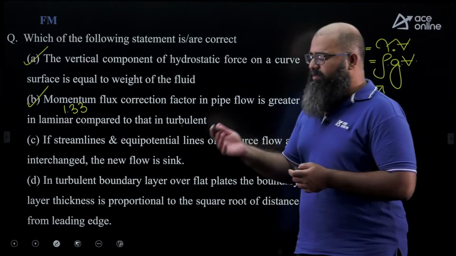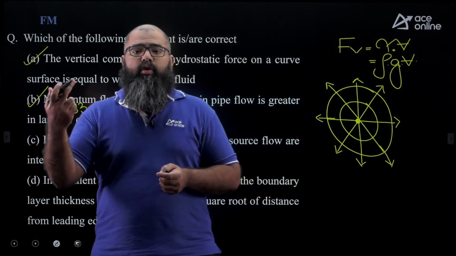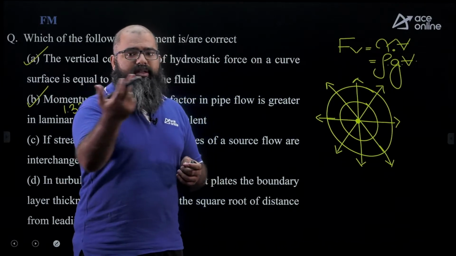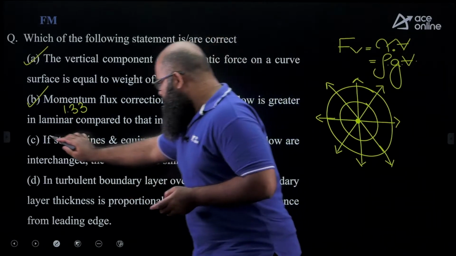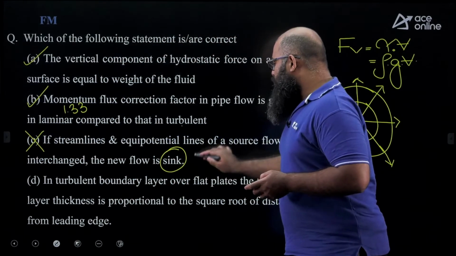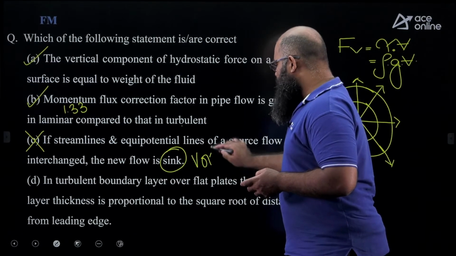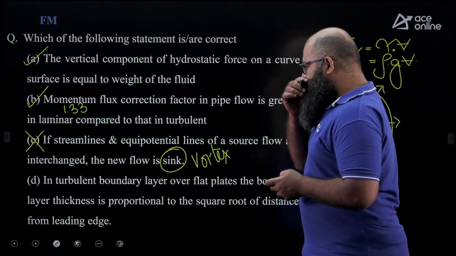If you remember from the concept of vortex motion, the streamlines in the case of plane vortex flow are supposed to be circular in nature. So this statement is wrong. This statement is wrong because the new flow formed has to be a line vortex flow or plane vortex flow, let us say.